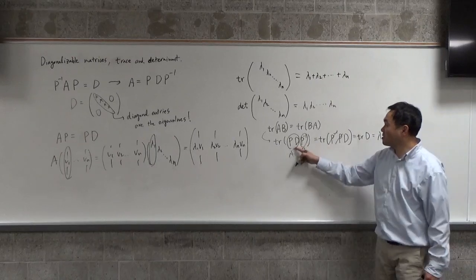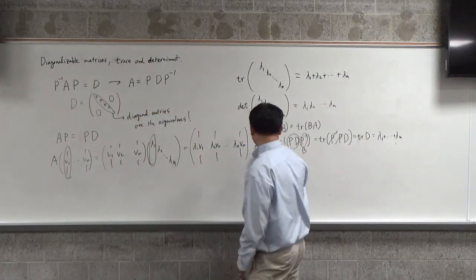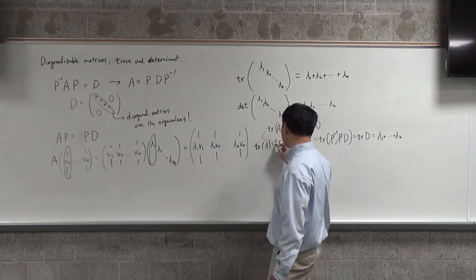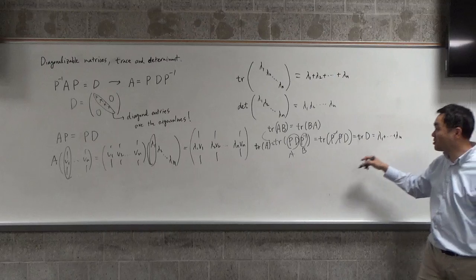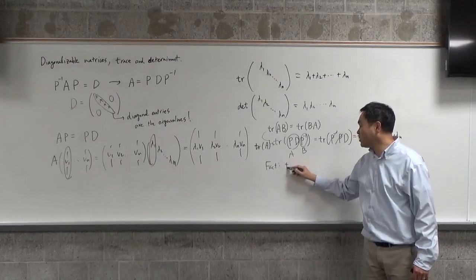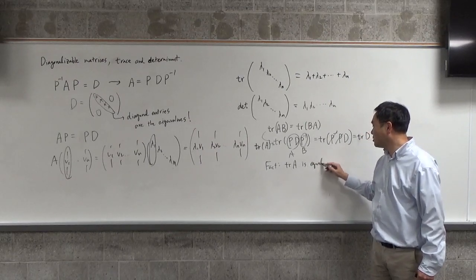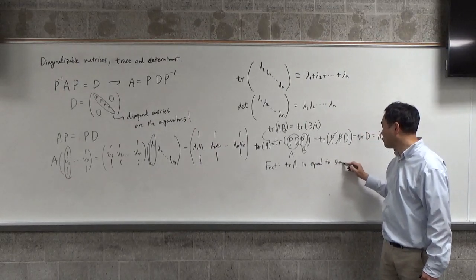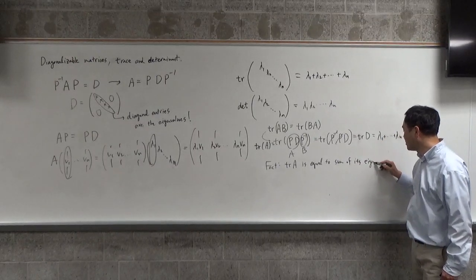which is the sum of all the eigenvalues. But wait, what is this? This is our A, right? So the trace of A is the same as the sum of all the eigenvalues. So this is a nice fact: trace of A is equal to the sum of its eigenvalues.